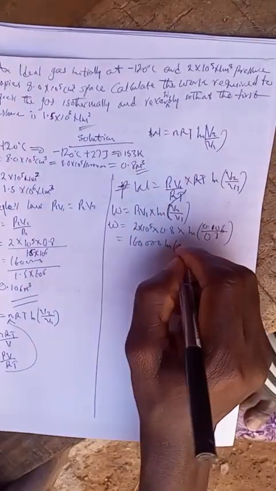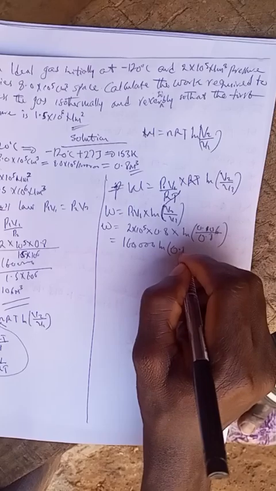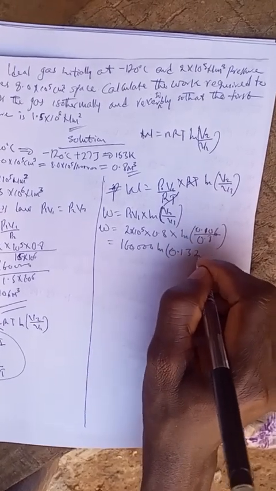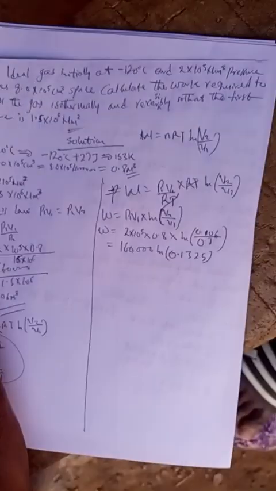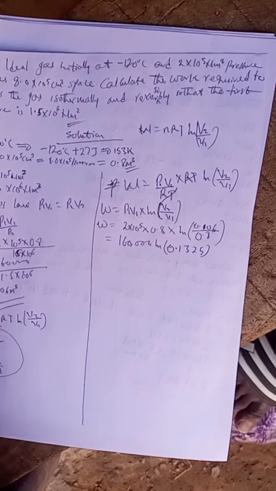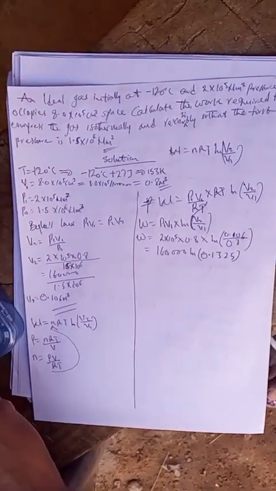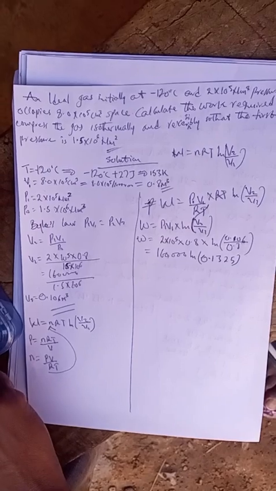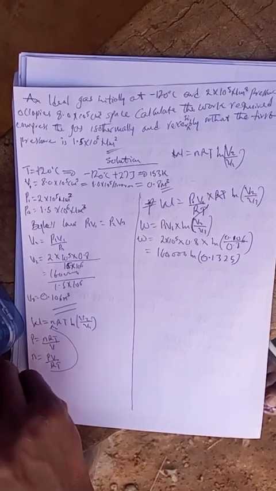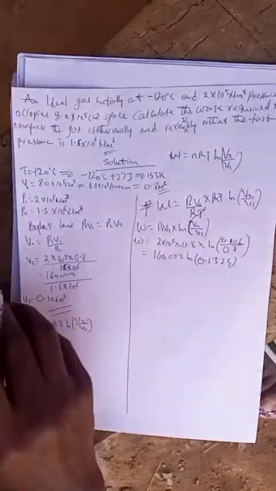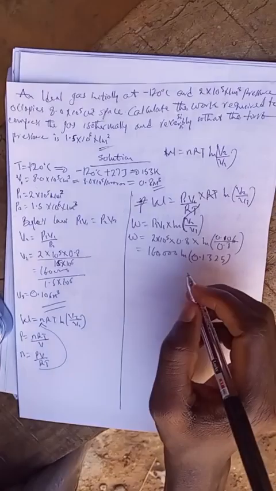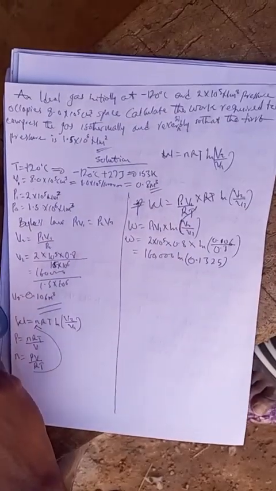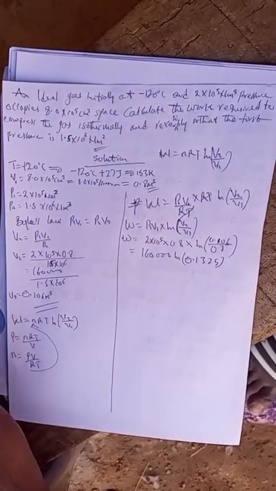That gives me 0.1325. So I will just say ln 0.1325, and that will give me about minus 2.0-something. So multiply that by 160,000.